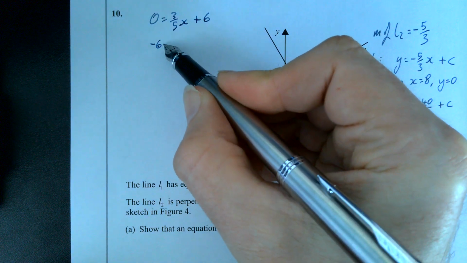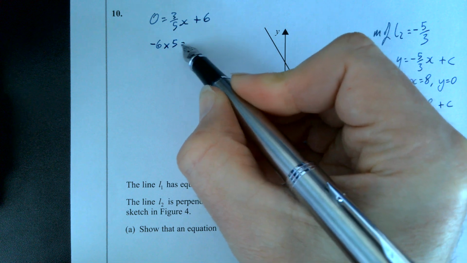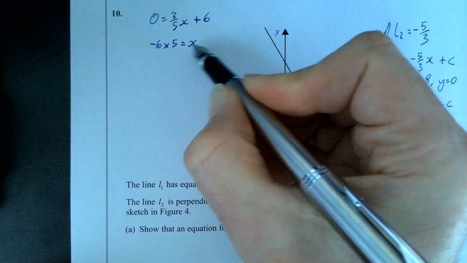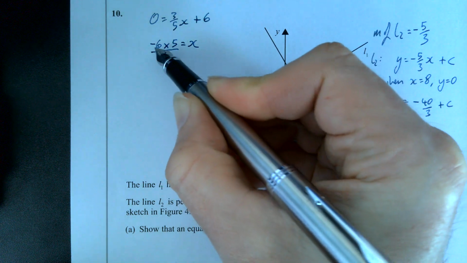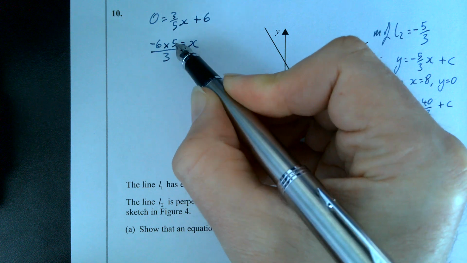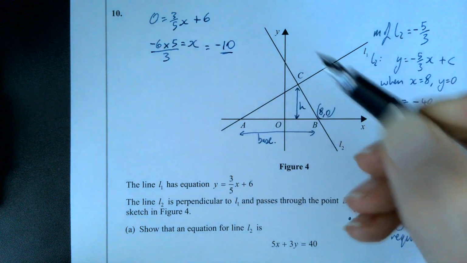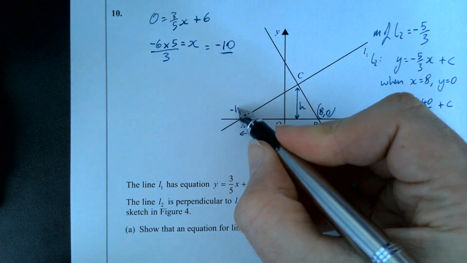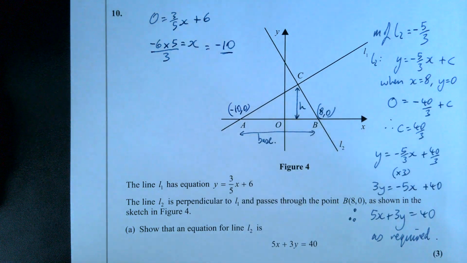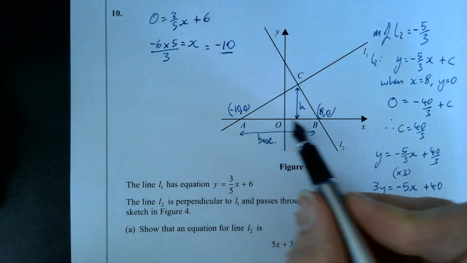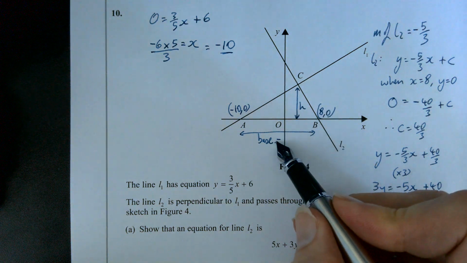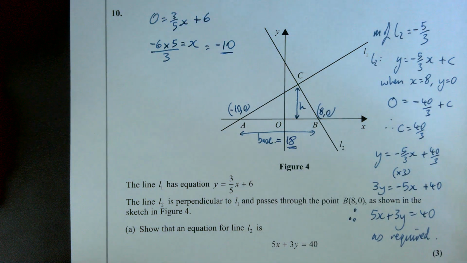Negative 6 times 5 is going to equal 3x, so let's divide all of that by 3. So that's negative 30 divided by 3, which is negative 10. So we're looking at (-10, 0) there. That means the distance from there to there is going to be 18.